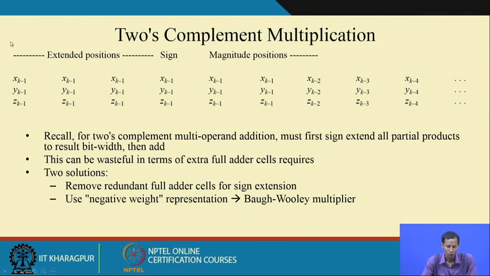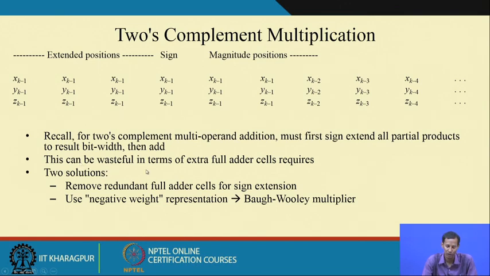Recall that for 2's complement multi-operand operation, we must first sign extend all partial products to the result bit width and then add. So, all the partial products have been extended up to the final result's bit width.